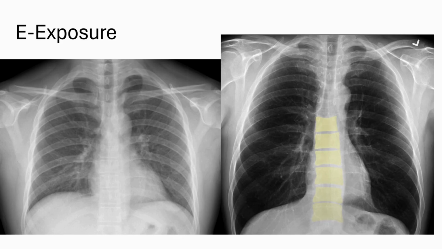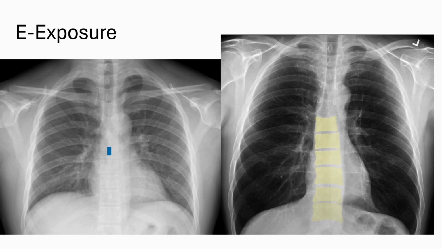Whereas if it is overexposed, the vertebra is clearly visualized through the heart, as we can see at the line denoted in yellow, and the lung is hyperlucent, that is too dark. This is called overexposure. Whereas if the lung field is white out and bronchovascular markings are not clearly visualized, it is called an underexposed film.